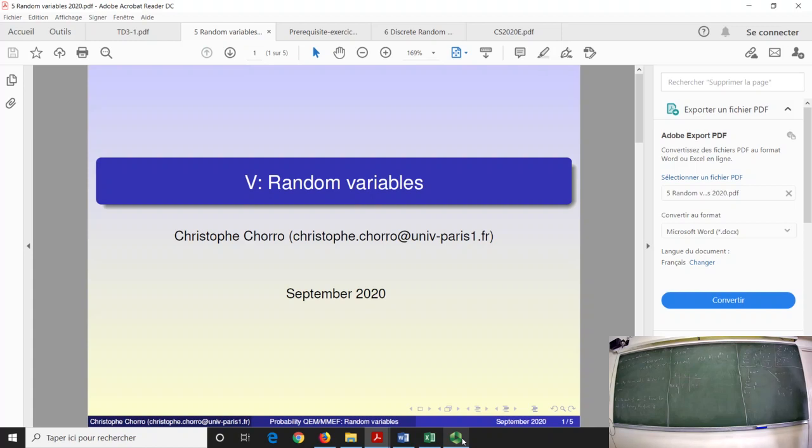It will be a little bit more abstract than this one, but it's this one that you have to have in mind. When we speak about a random variable, we always have in mind a mapping depending on the outcomes of a random experiment, even if it's not that clear in the theoretical definition.